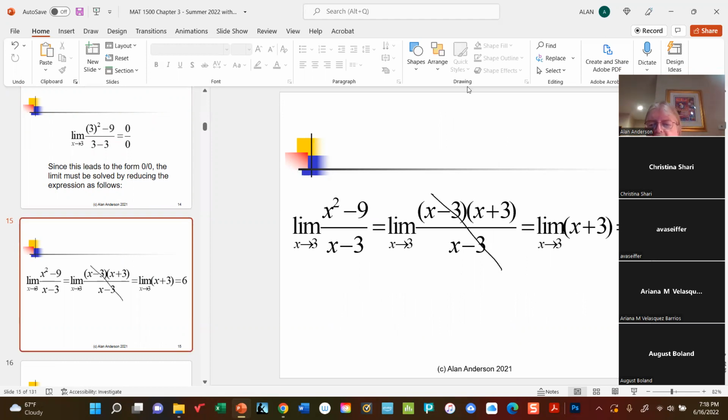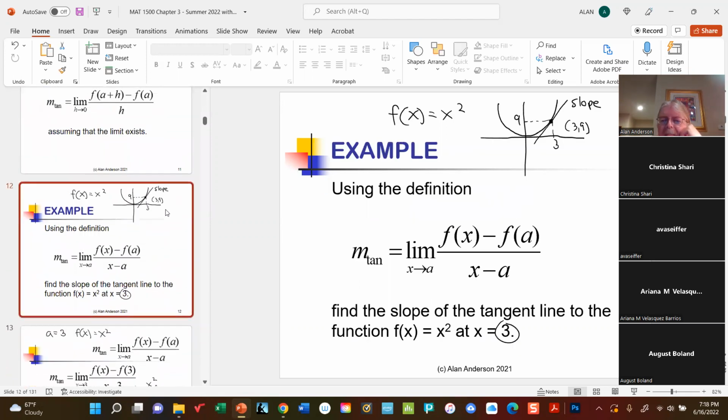And we end up taking the limit of x plus 3 as x approaches 3, and we end up with 6. So that means that the slope of this tangent line at the point 3, I'll just pencil it in here, does in fact equal 6.